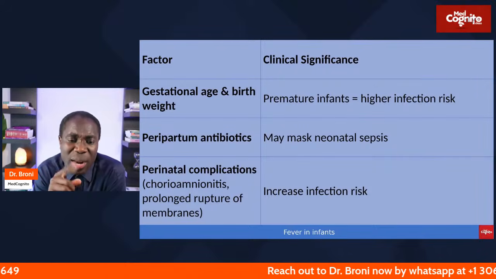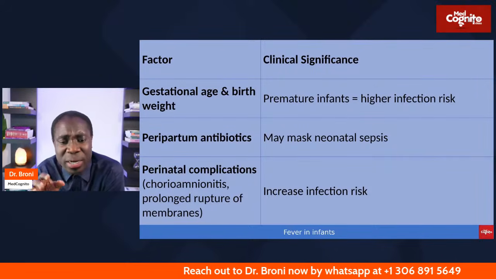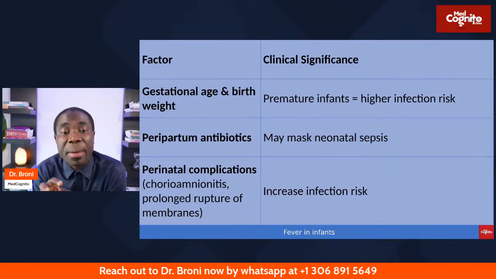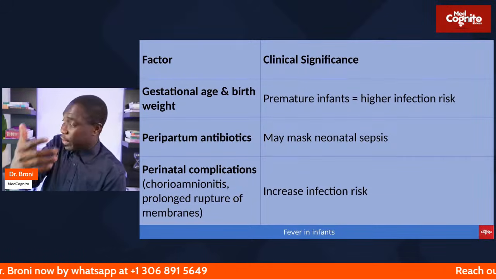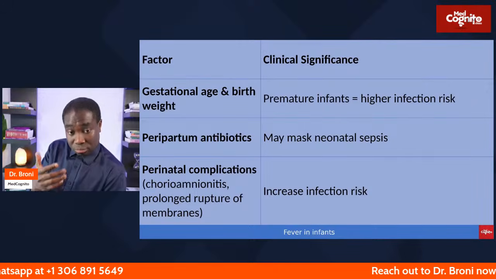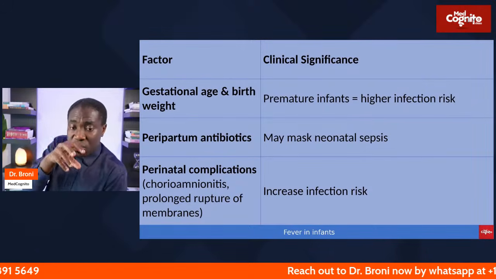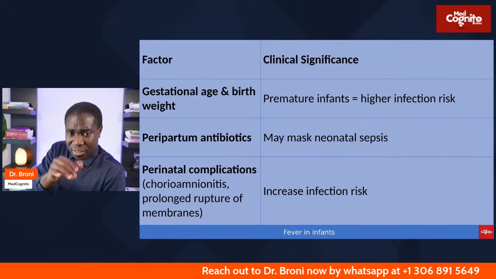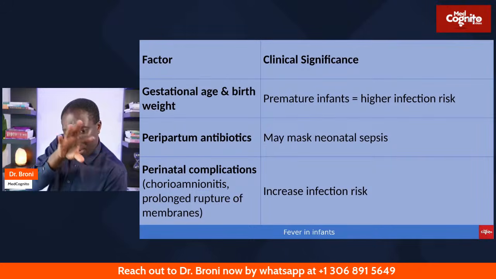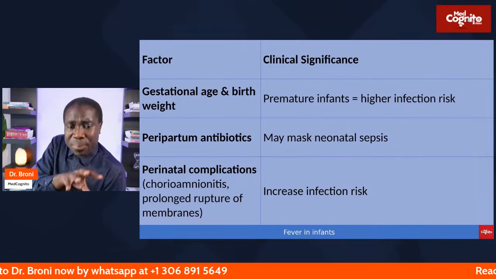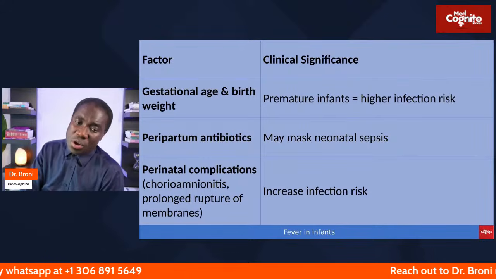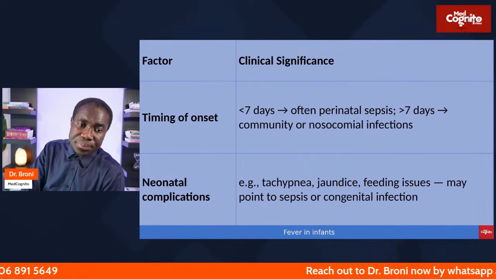And what about perinatal complications like chorioamnionitis and prolonged rupture of membranes, right? These increase the risk of infection. So learn these risk factors: prematurity, peripartum antibiotic use, perinatal complications like chorioamnionitis, prolonged rupture of membranes.